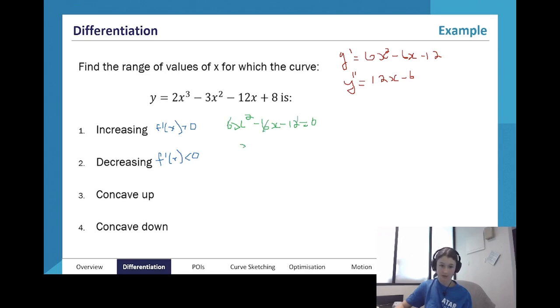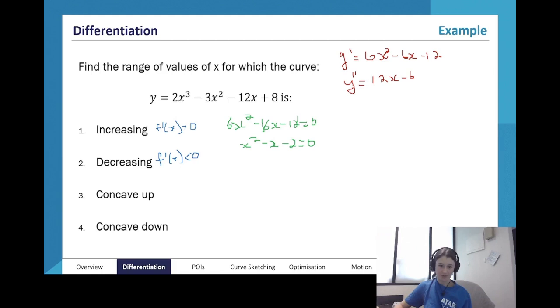So we're going to get x squared, take x, take 2. So this is a pretty simple quadratic. You would be able to solve this using your ACV method or by completing the square. I'm just going to do it on my calculator really quick because we only have 2 hours.